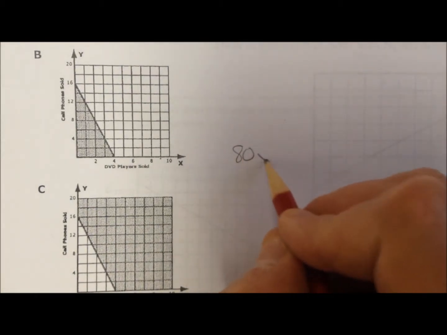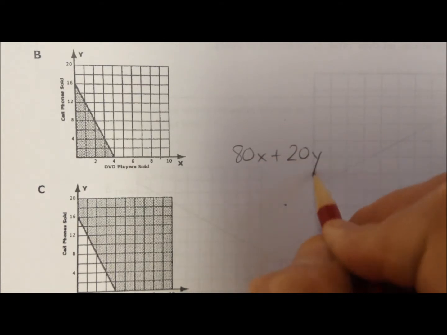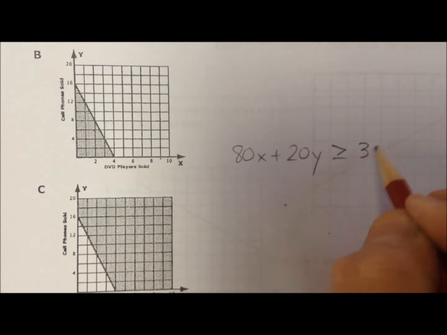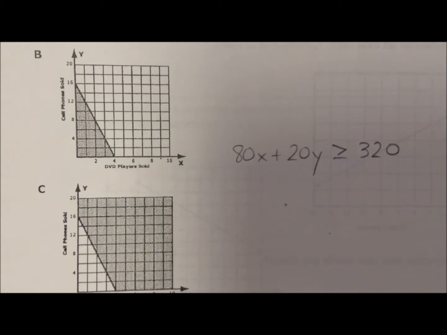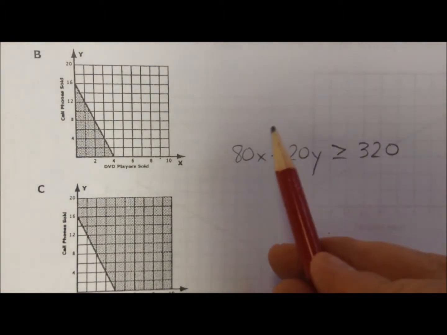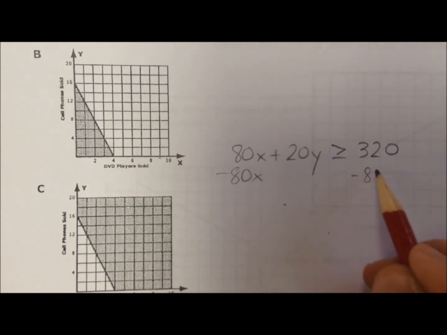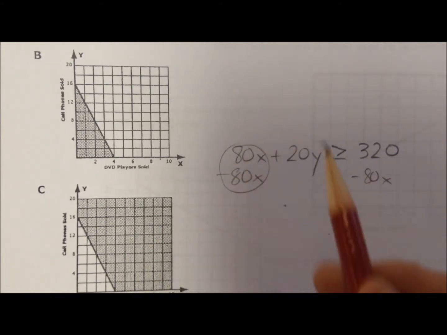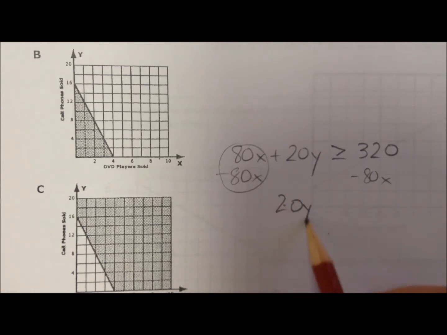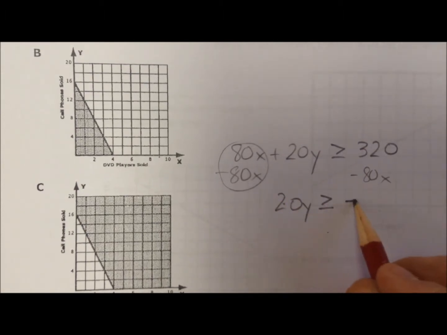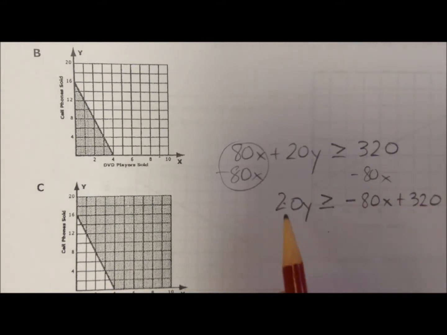So if I rewrite the equation here so that we can look at the graphs or the pictures, we have it right here. When we go to solve for y, we're going to subtract the 80x from both sides. And we notice that I'm going to have to divide by a positive 20.